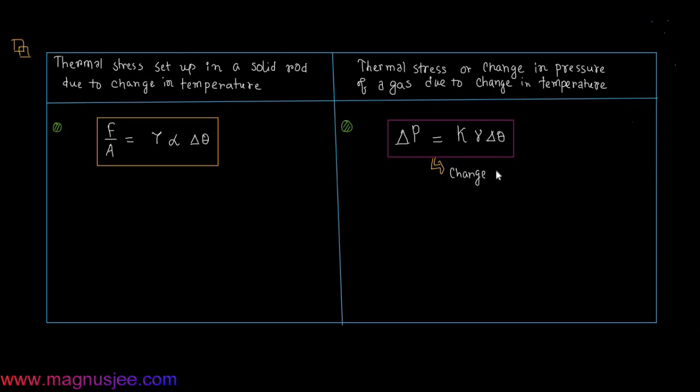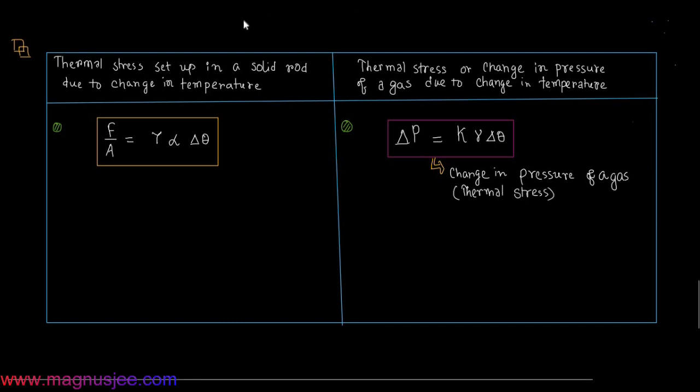Delta P is equal to K gamma delta theta, where K is bulk modulus, gamma is temperature coefficient of volume expansion of the gas, and delta theta is change in temperature. Delta P is the change in pressure of a gas, or thermal stress acting in the gas.